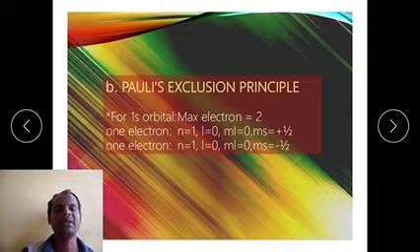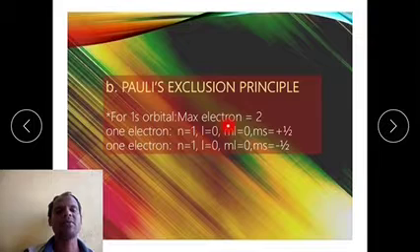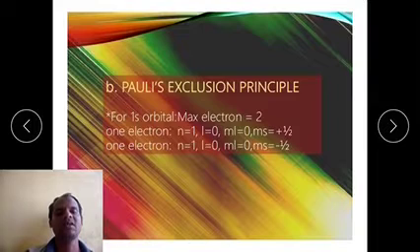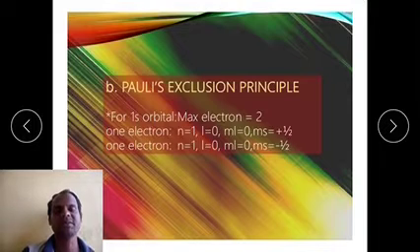Example: the 1s orbital. It is capable of holding a maximum of two electrons. For one electron, the n value is 1, which indicates the shell. S indicates this is an s orbital, a subshell, so the l value is 0.